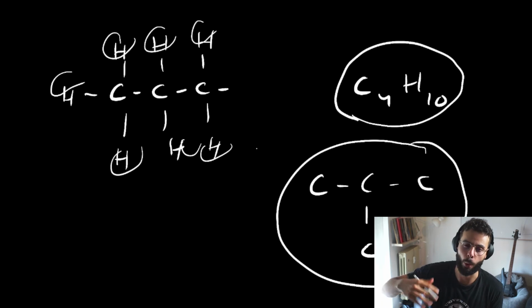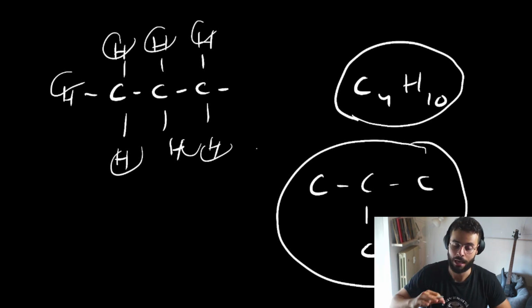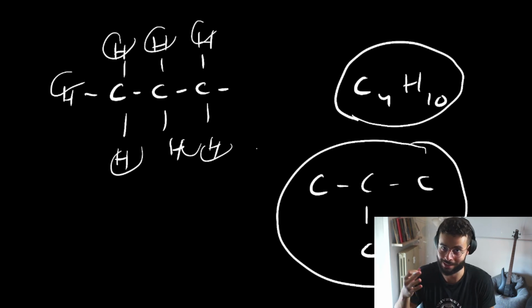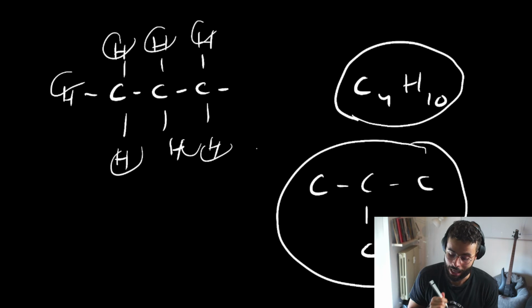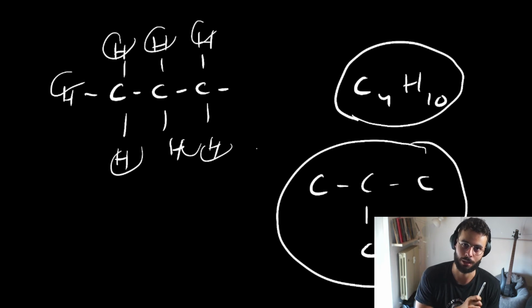For example, boiling point and melting point vary between the different molecules, depending on their structure, even though they have the same formula. And the fact that they have the same formula but different structural formula, this is where we say they are isomers.